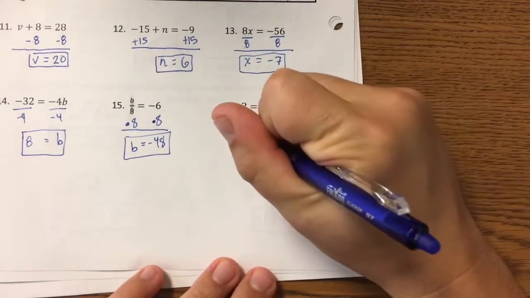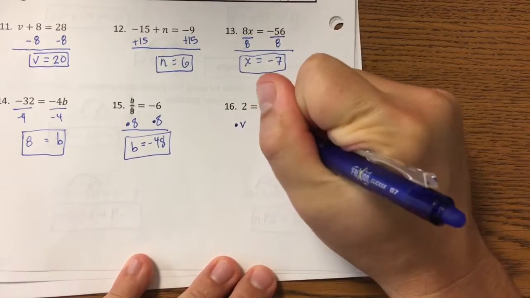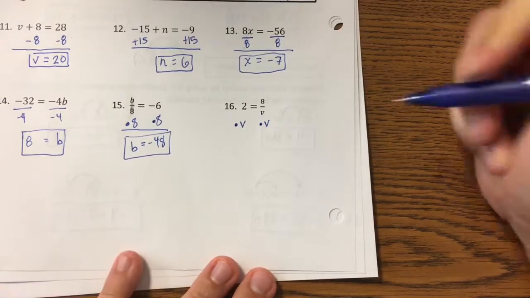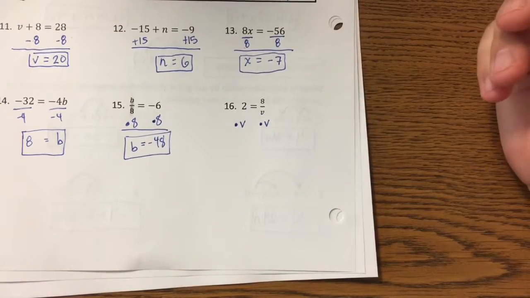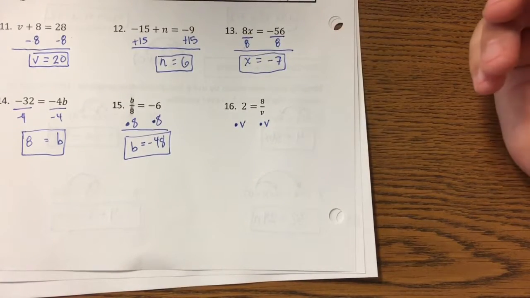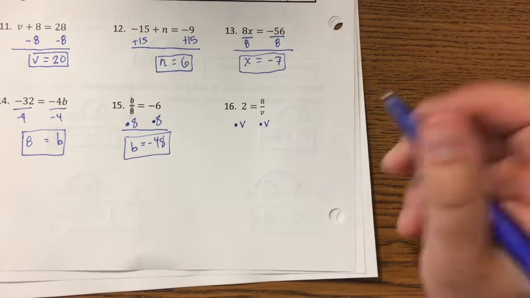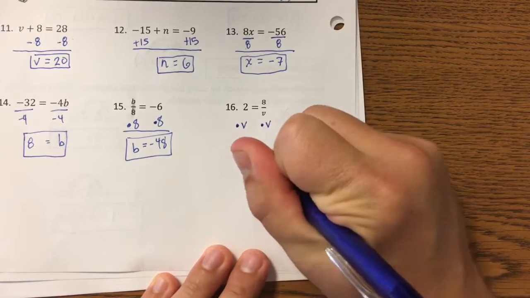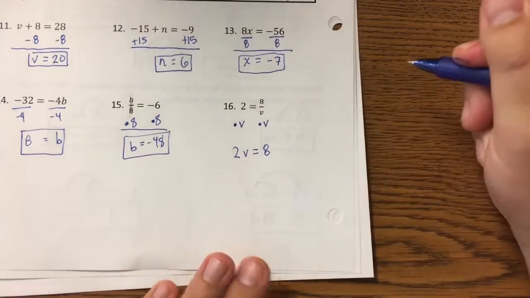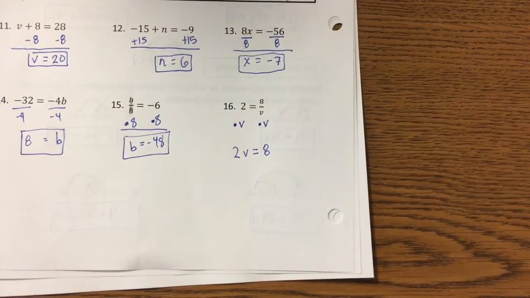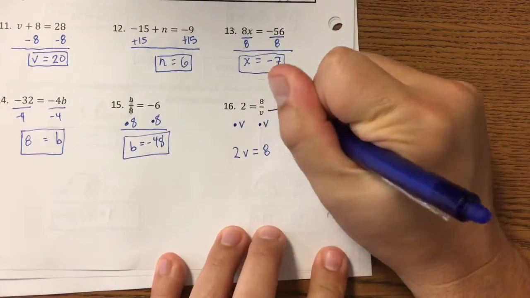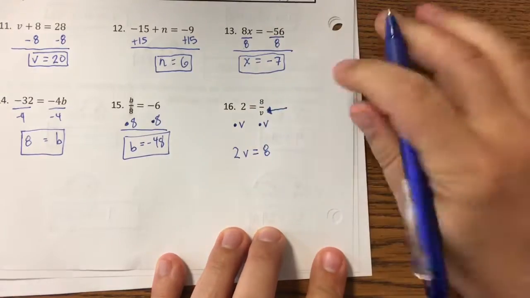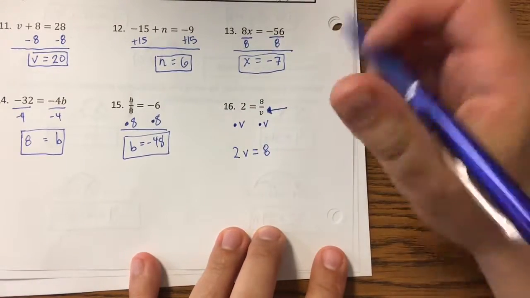If I multiply both sides by v, that's going to cancel out the v on the right side, like v divided by v is 1. And then on the left side, I should have 2v. And now I have a one-step equation. So you have to do this anytime the variable is in the denominator.